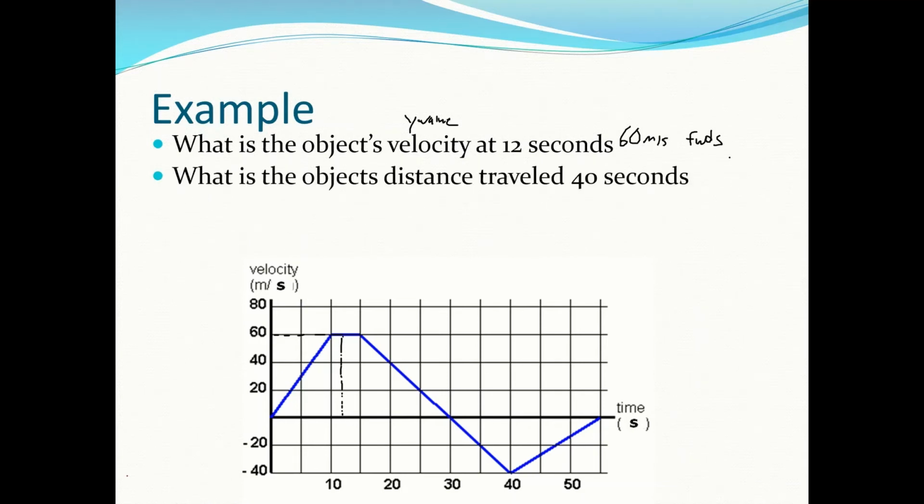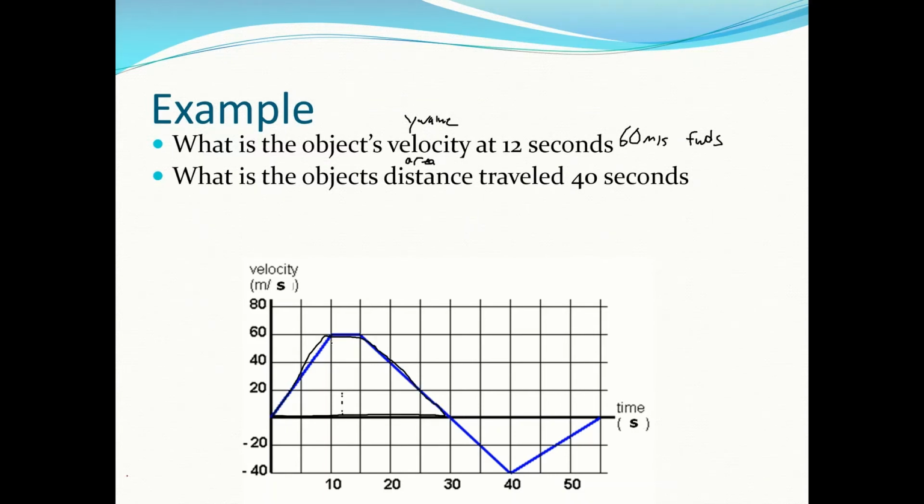Okay. Distance traveled in 40 seconds. Well, that's my area under my graph. So what I need to do is find from my 0 line to my line of best fit. Before, when we did that, they made all nice rectangles, but this line of best fit doesn't give us a nice rectangle.